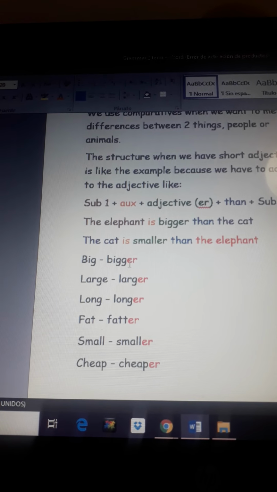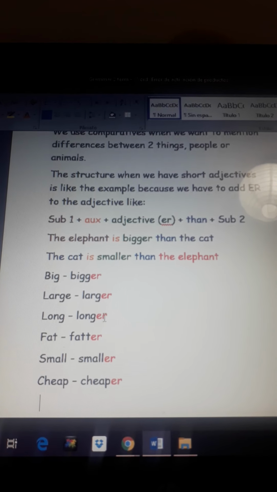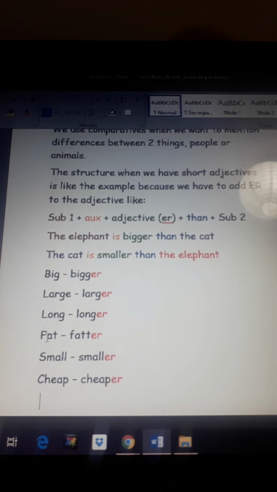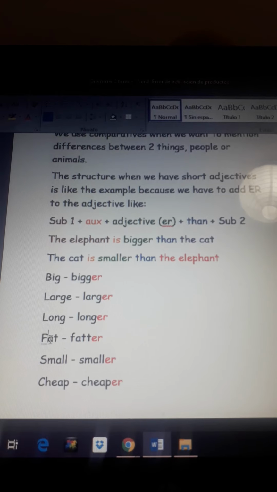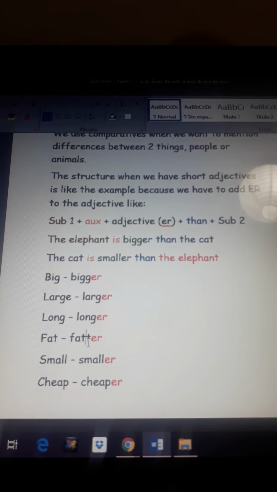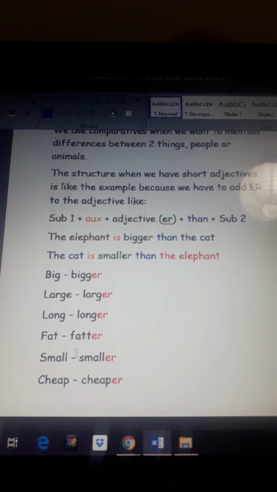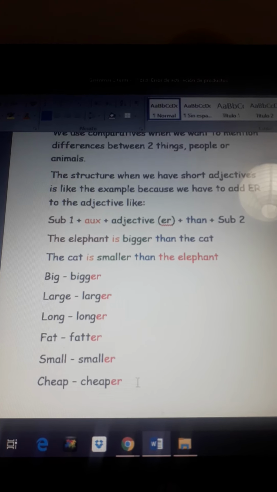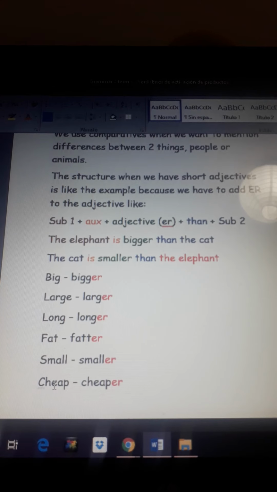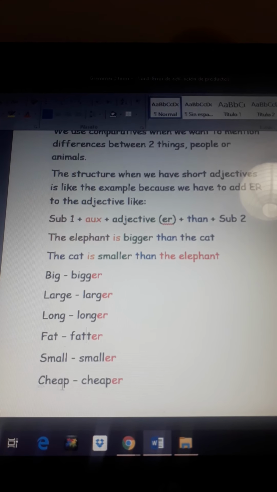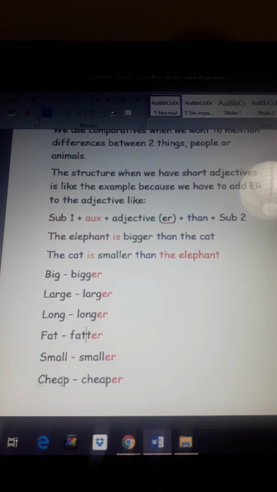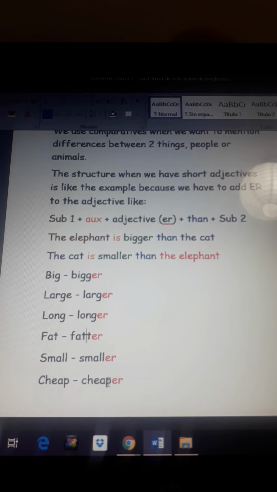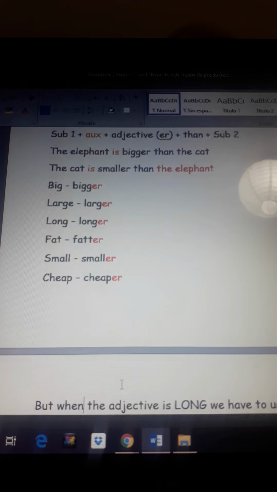For example, big, bigger, large, larger, long, longer, fat, fatter. The same happens here. Here we have a vowel before the T, so we have to write double T, fatter. Small, smaller, cheap, cheaper. Why here we don't add double P? Because cheaper doesn't have a single vowel sound. This is a phonetic matter, so it is not necessary to write it with double P.